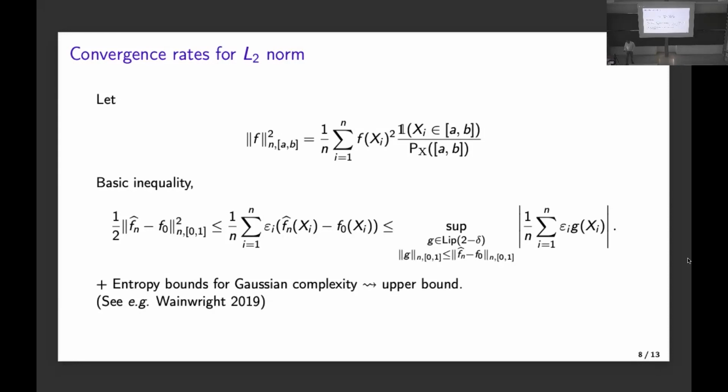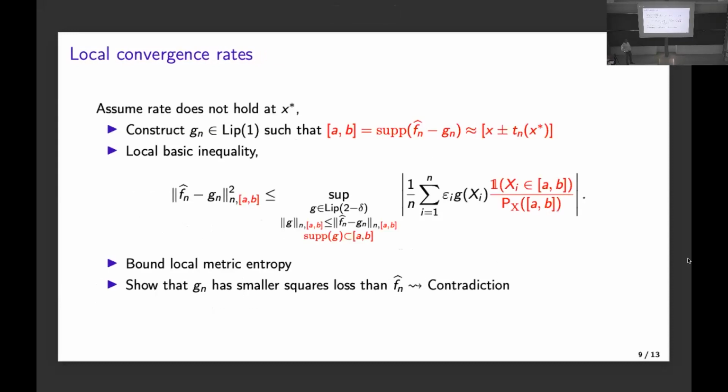So in contrast, in our proof, we argue by contradiction, and so we assume that the local rate does not hold at some misbehaving point x star in 0, 1, and because of that we're able to construct a so-called local perturbation Gn that lies in the same space as the estimator.